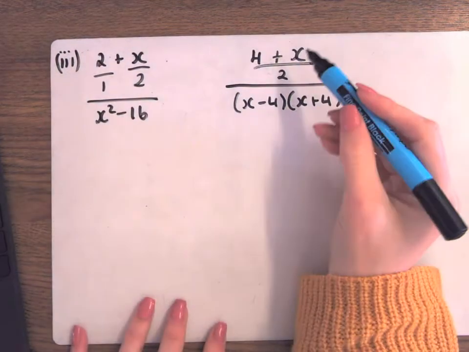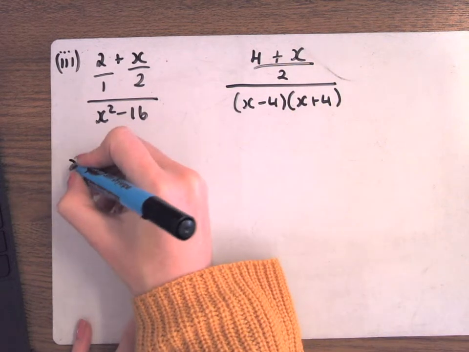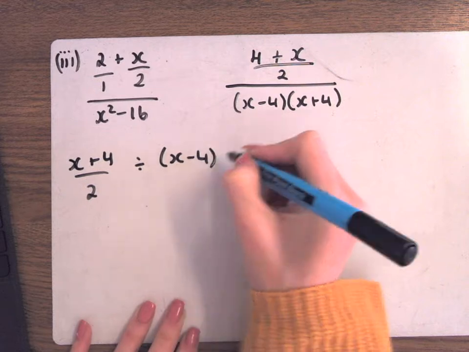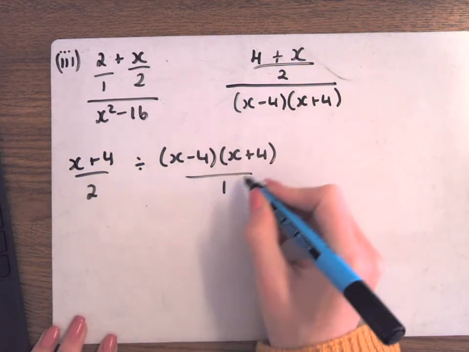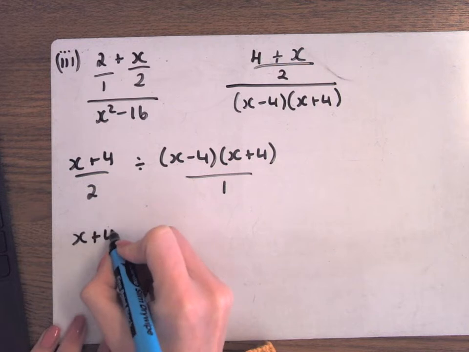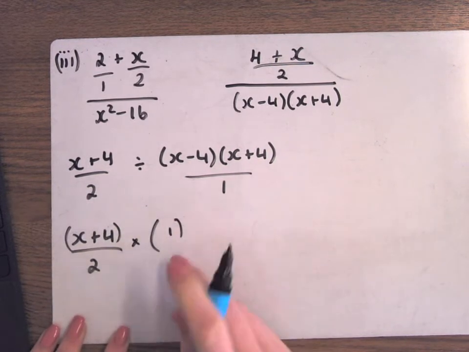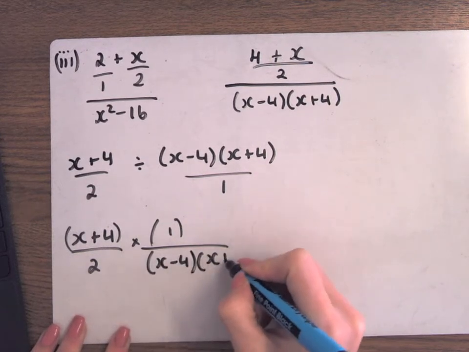Okay? Now I'm doing this divided by this. X plus 4 over 2 divided by this thing. And I know to divide, I turn this upside down and multiply. I'm just putting them in brackets, just because.